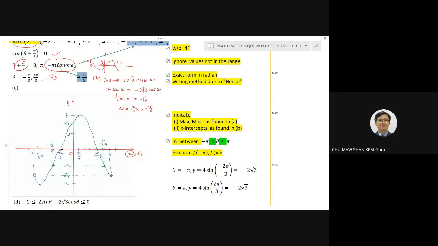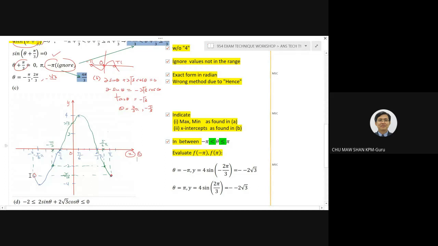Okay, what else? It is not enough yet, because you must find the values at these two endpoints. Because you are going to sketch from negative pi, exclusive of the negative pi.